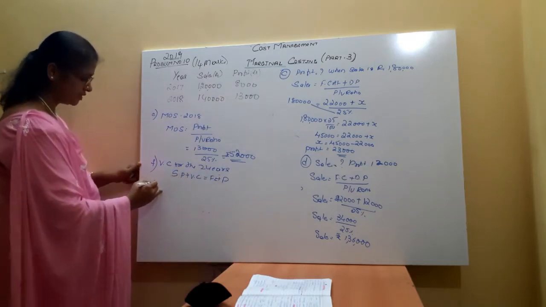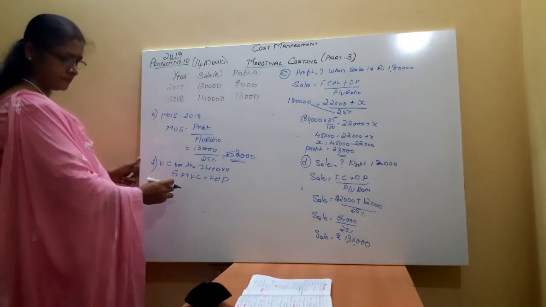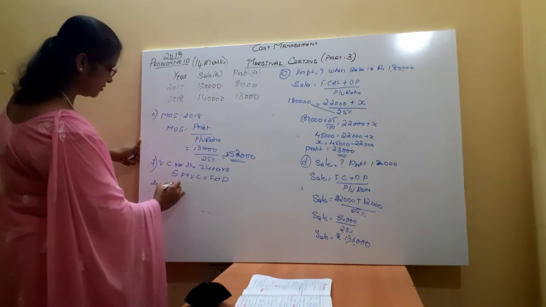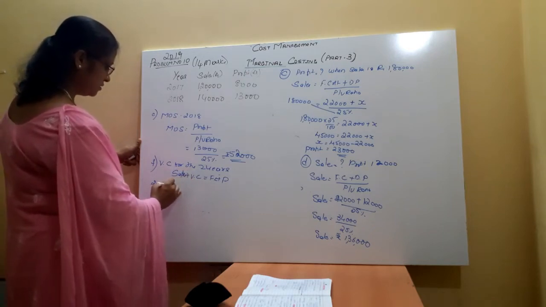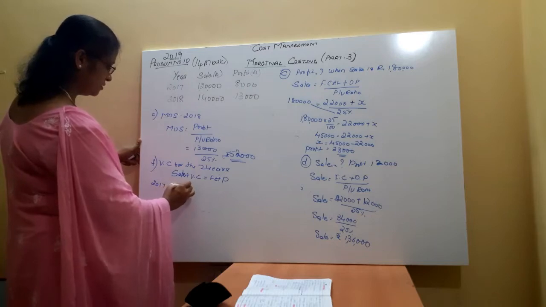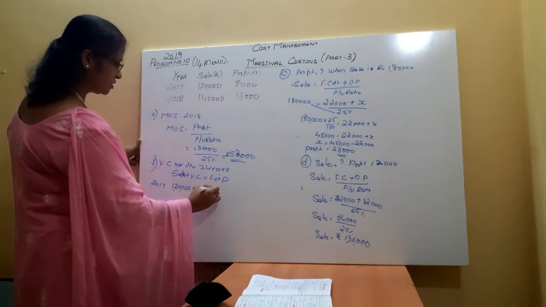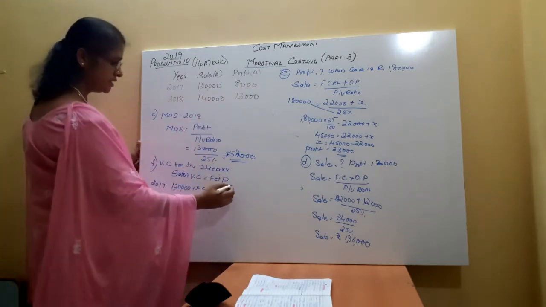So we'll take for 2017 sales is 1,20,000. Variable cost we need to find. Fixed cost is 22,000 and profit for 2017 is 8,000.